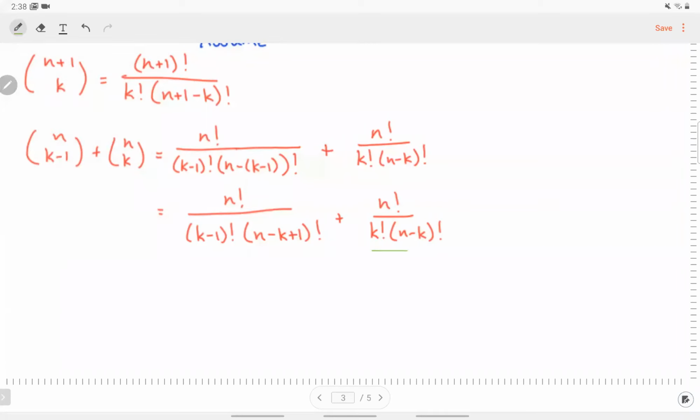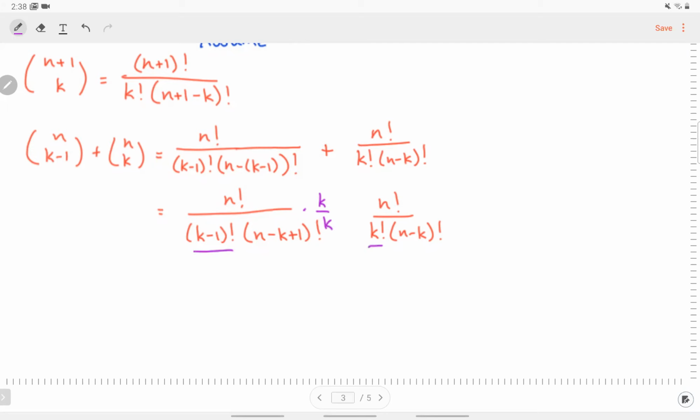When I see a k factorial, that's something like my 26 factorial, right? K minus 1 then would be 25 factorial. So to get those to match, I need to multiply this one by my k, by 26. That will give me a 26 factorial, okay? So this fraction on the left, I am going to need to multiply by k over k. That will fix the k factorials, so those will match.